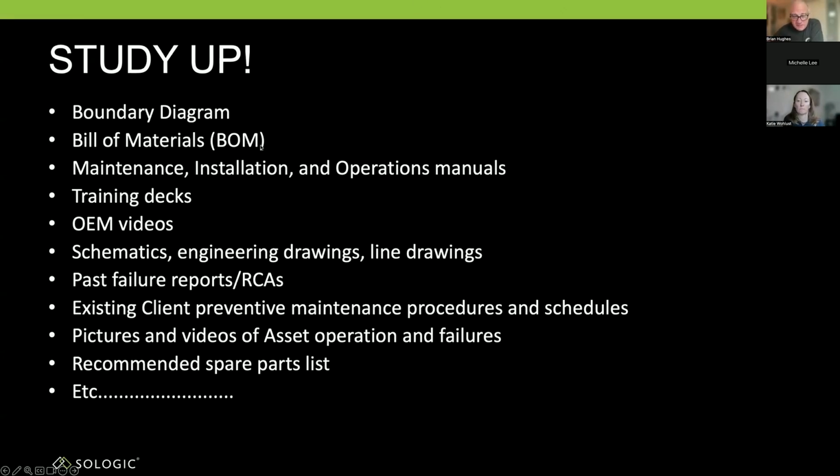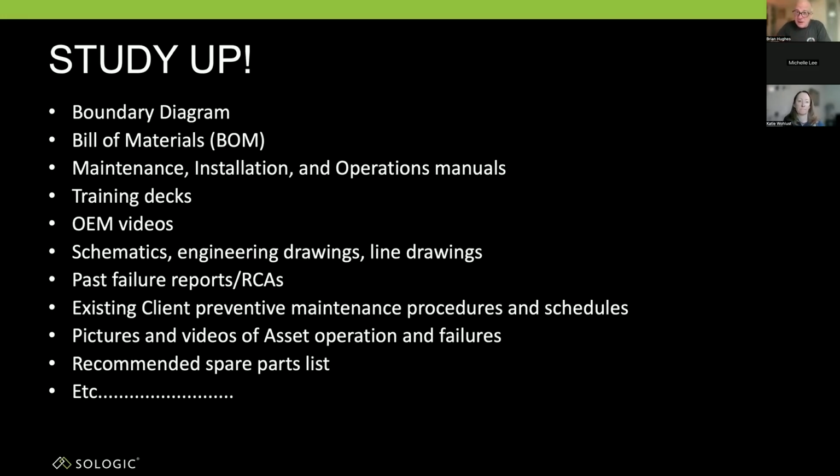I like a bill of materials. Bill of materials is everything in the asset. Now, I like having everything because then I can dial it back from there, right? But the problem with a bill of materials sometimes is that it can be a little overwhelming. That said, I want it because I want to see what's there. And then oftentimes it's very helpful in making sure that I'm mirroring the terms on the bill of materials in the FMEA.